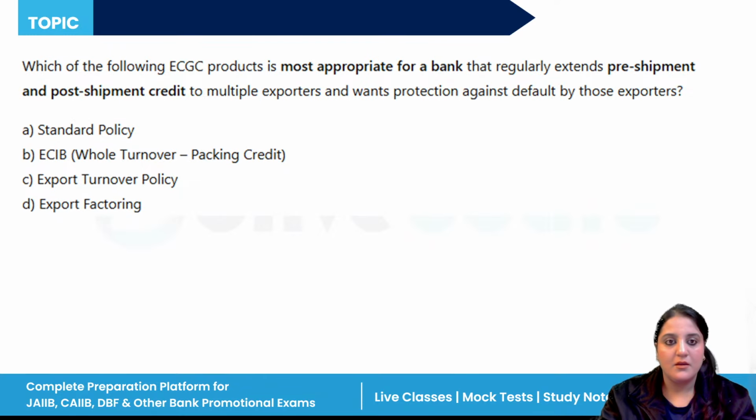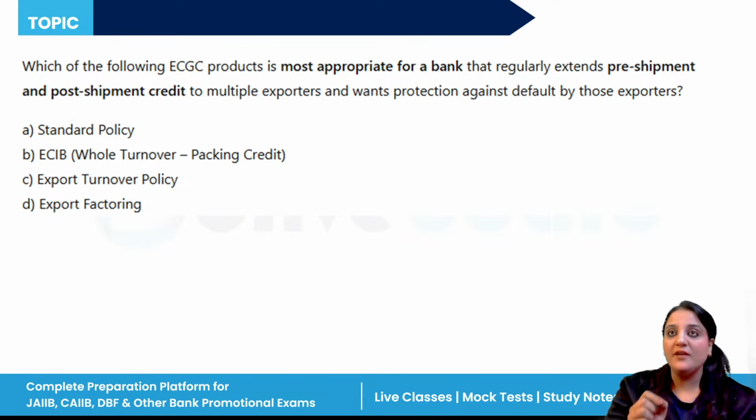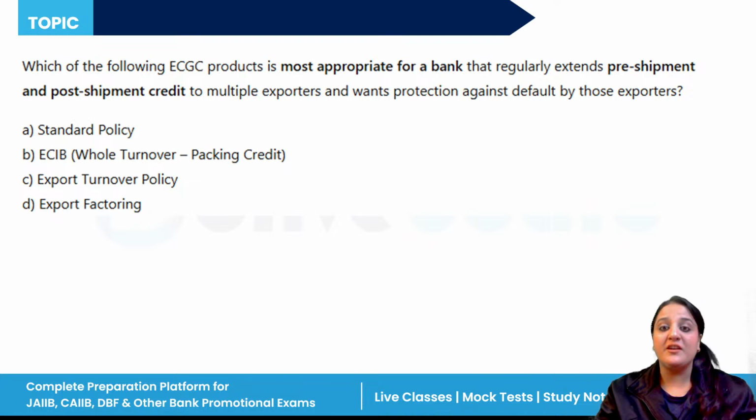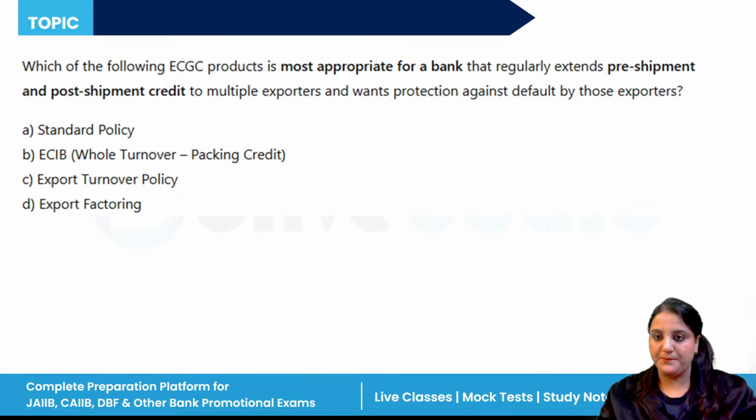So here, which of the following ECGC products is good? We know that ECGC whole turnover packing credit is completely designed for banks, not for the exporters. Why? Because it provides cover to the banks against losses if there is non-payment by the exporters under pre-shipment facilities, which is basically packing credit.